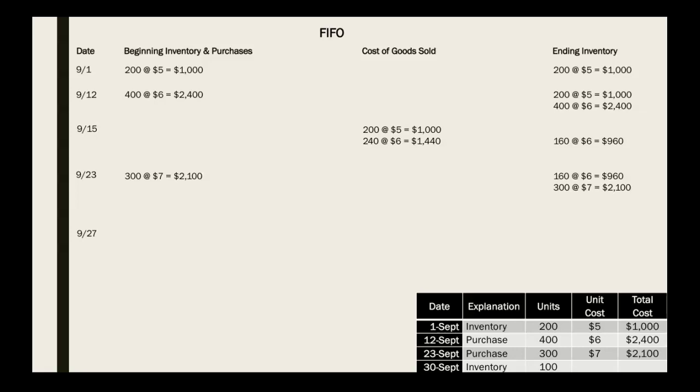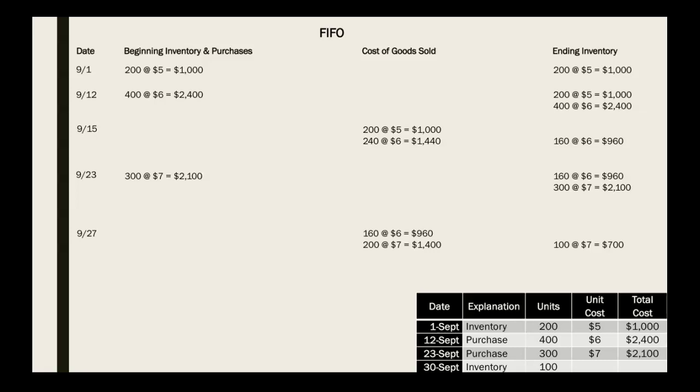Now on the 27th, we made a sale of 360 units, selling them for $9 a piece. Well, we said earlier that we didn't care about that selling price, so that $9 isn't going to be helpful, but the 360 units will be. So it's first in, first out. So we look back to the inventory that we had going into the 27th.